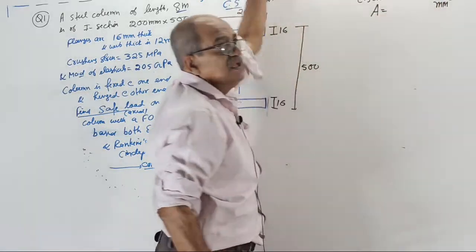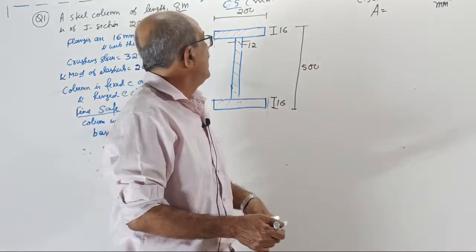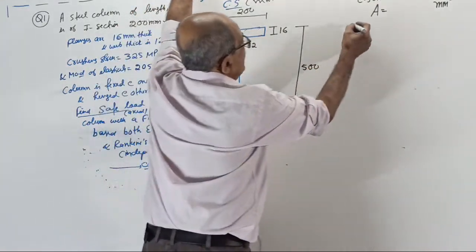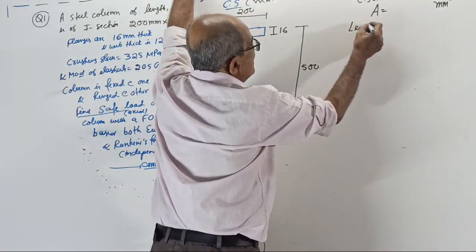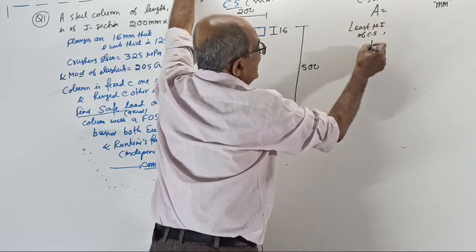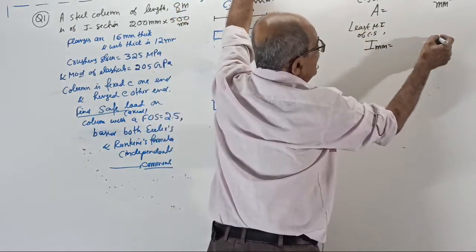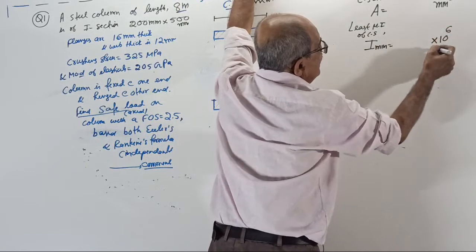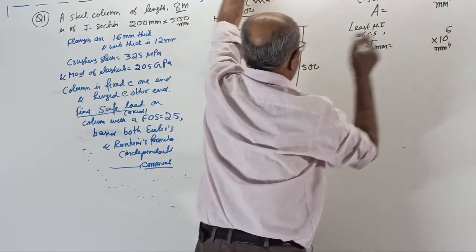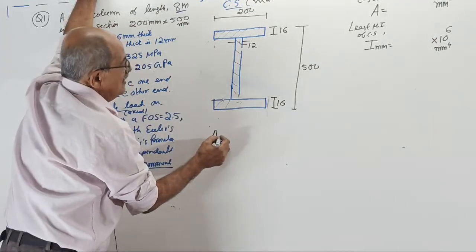Then if you see Euler's or Rankine's formula, what do you require? Always you require the least moment of inertia of the cross section, that is I minimum required. I minimum I want in 10 to the power 6 millimeter power 4. First you find area.